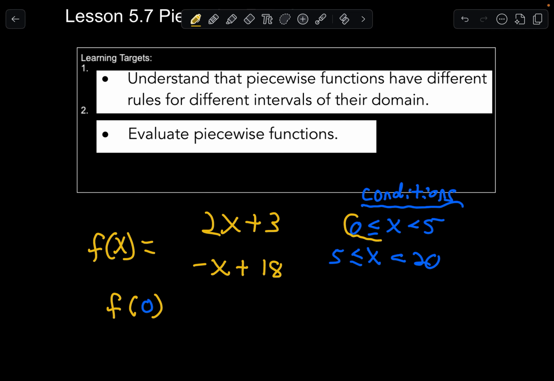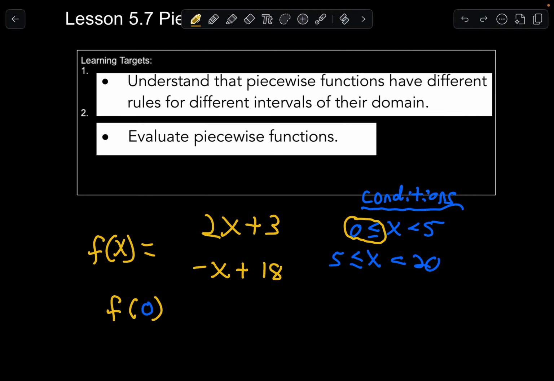So you see what the input is. The input is 0 here. So we go over to the equation and look at the conditions and we see that it's this top equation that's valid for when x is equal to 0. So that's what we will put the input of 0 into.